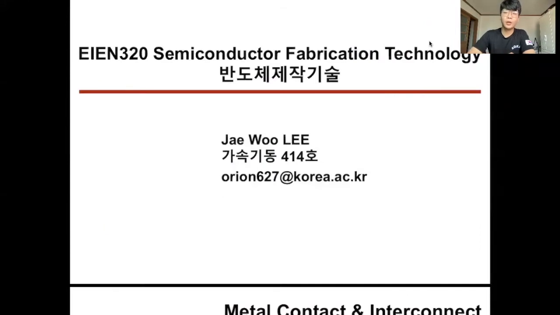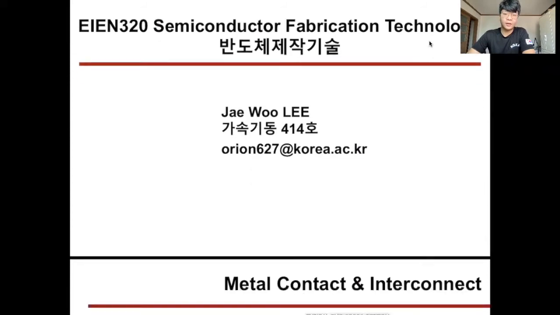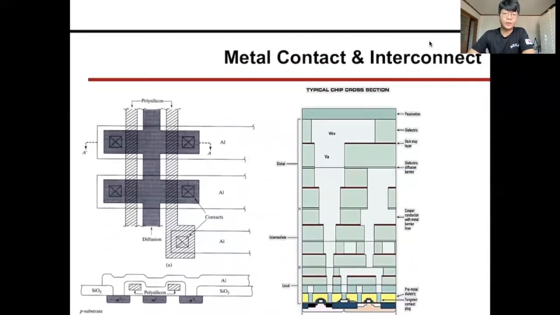The metallization process is usually done at the end of the process. First, the metal contact and the interconnect: on the lateral sides, there are a lot of layers between the layers on the semiconductors.